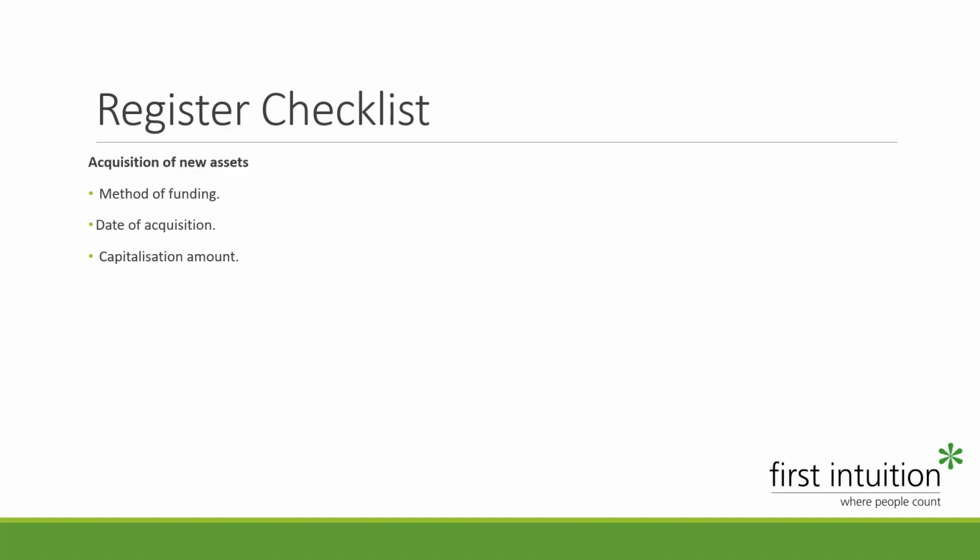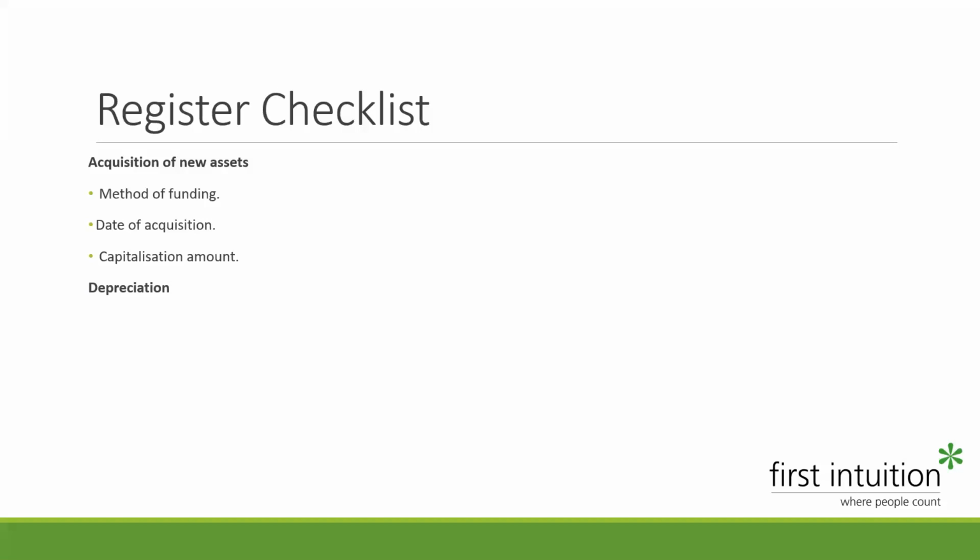You will be given the value of an asset that's been purchased and, let's say, 2 to 3 additional fees, and you'll have to select the right ones. So you may have a delivery fee, an insurance fee, an installation fee. It's your job then to pick through and make sure you add on the correct costs. So those are the key points when we're looking at the acquisition of a new asset.